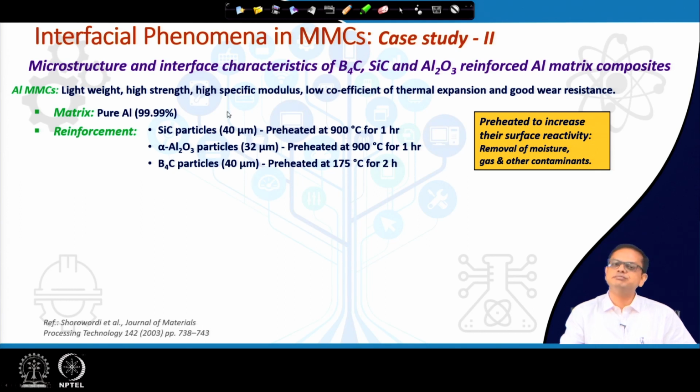Now, before using them as reinforcement particles, they have been preheated. Why is this preheat treatment required?